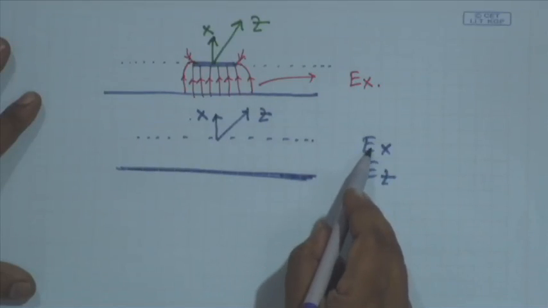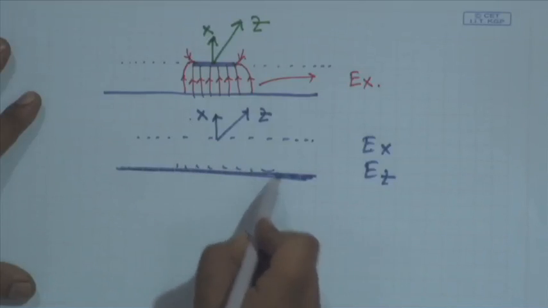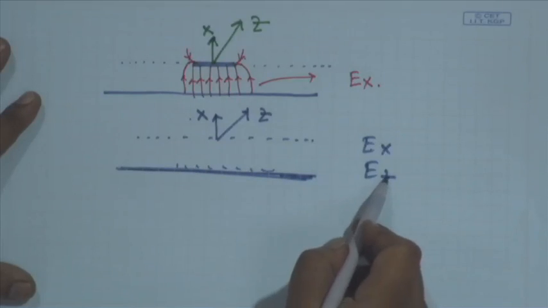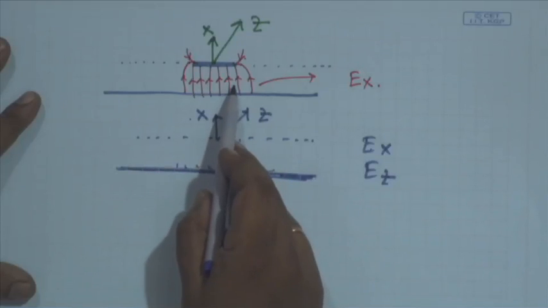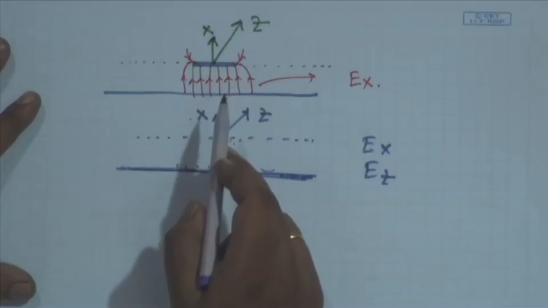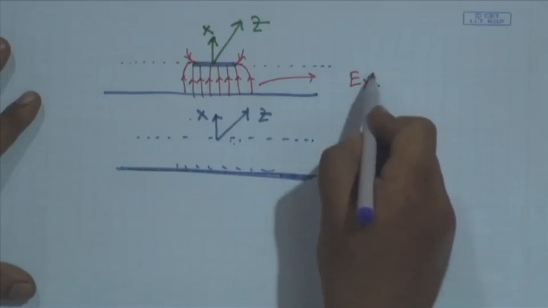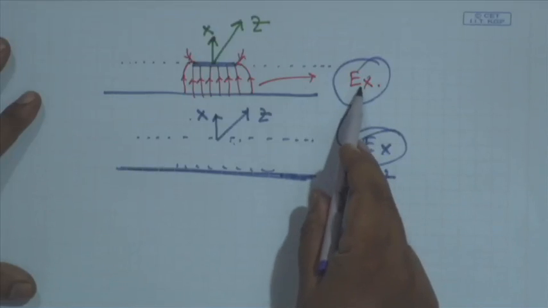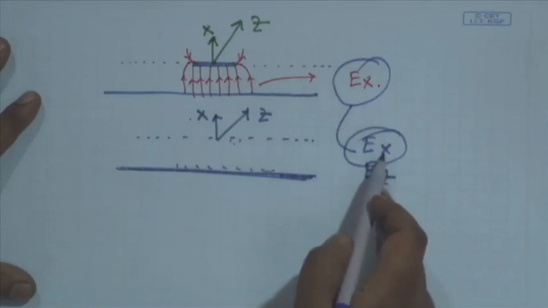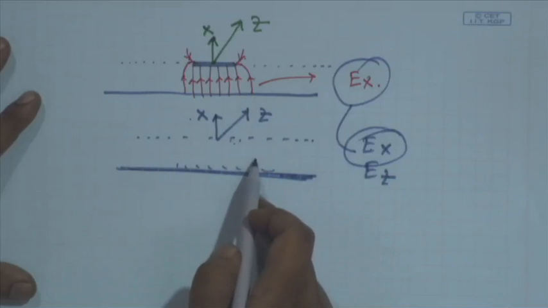Ex is maximum on the ground plane, and the Ez component is maximum at the interface. Since we have the Ex component for the microstrip line as well, this microstrip line field component can easily excite the surface wave. We have a field coupling from Ex to Ex, and this microstrip line can easily excite the surface wave.